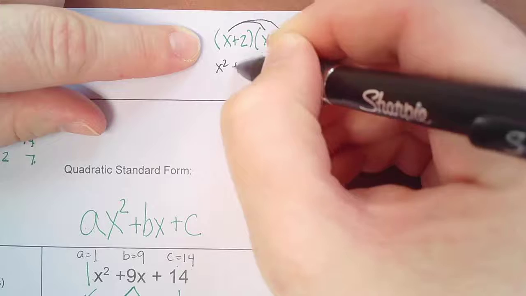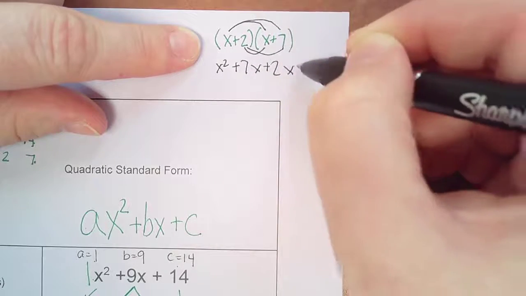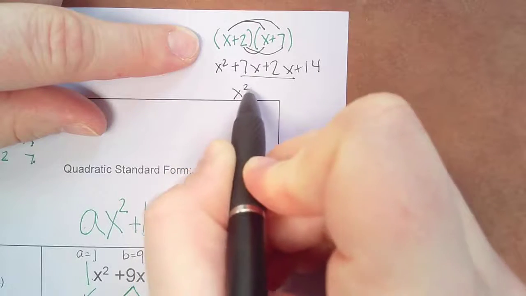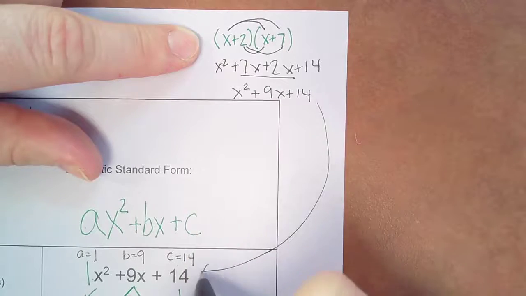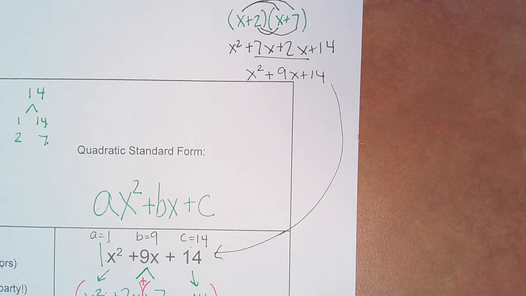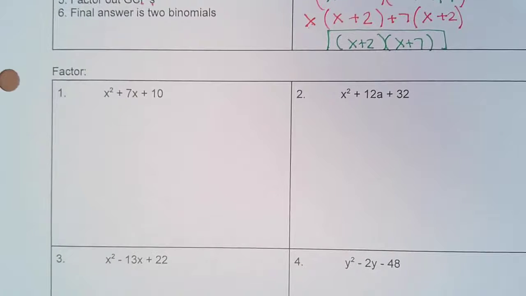X times 7 is 7x. 2 times x is 2x. 2 times 7 is 14. Combine your like terms in the middle, so this would be x squared plus 9x plus 14. So we're able to get back to the original question. We're undoing what we learned last unit. All right, so let's do some more examples.